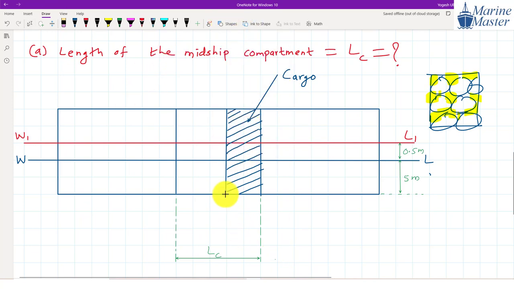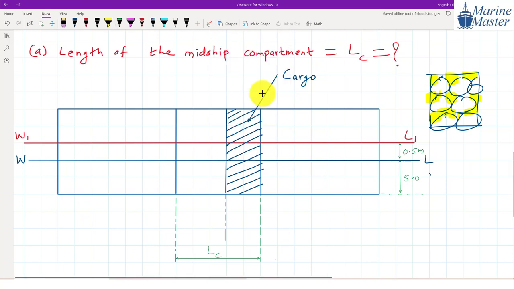The next point is quite interesting, guys. Try to understand it.